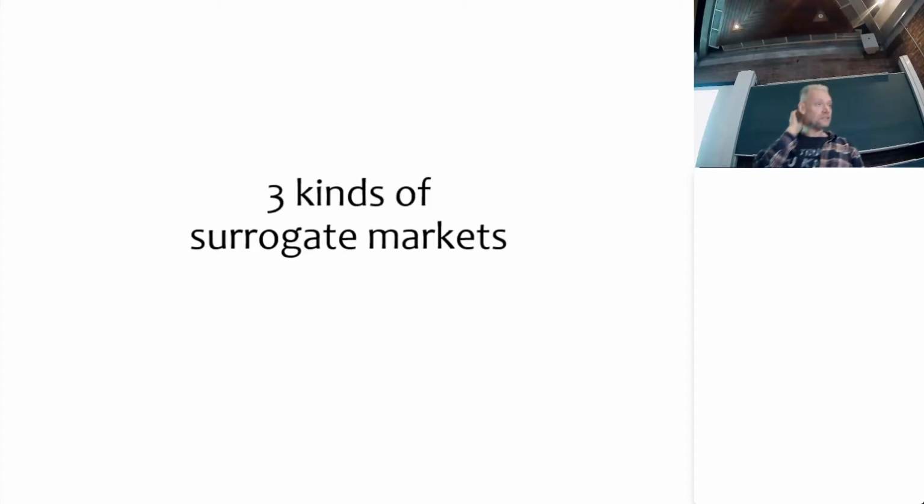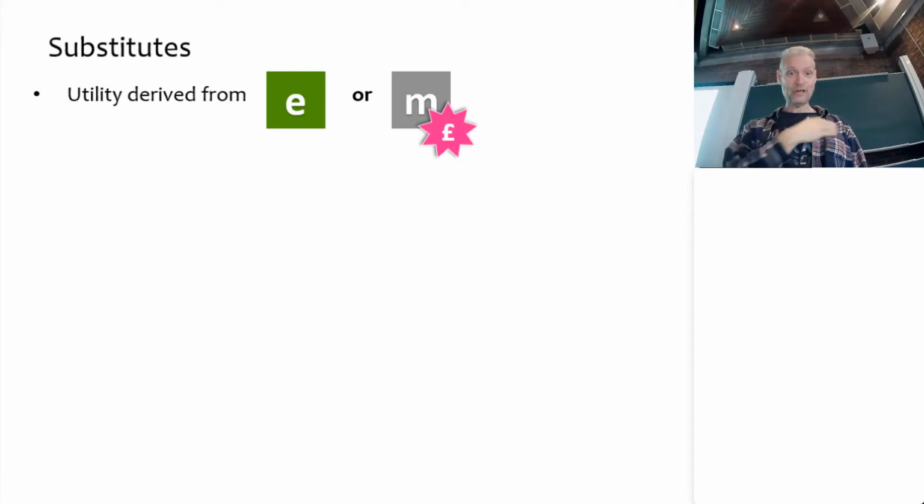There's three kinds of surrogate markets. First is where the market behavior, the observed behavior, is a substitute for the environment. So E stands for environment, M stands for market. And because we're looking at the market, we automatically have information given in money, that is in pounds sterling.